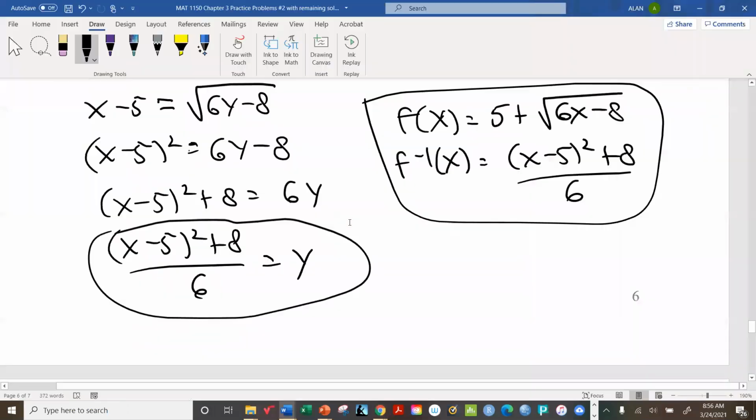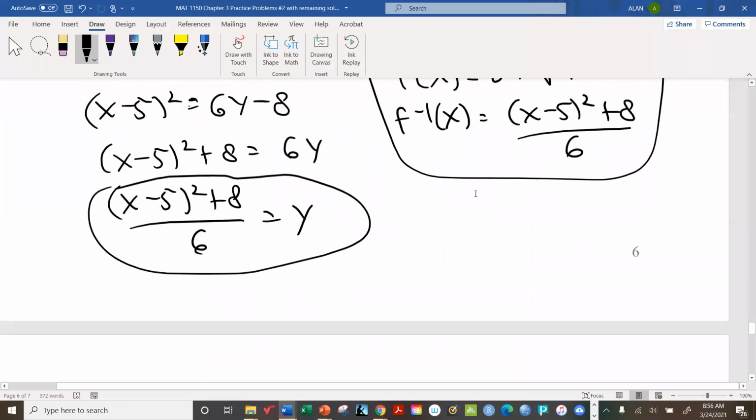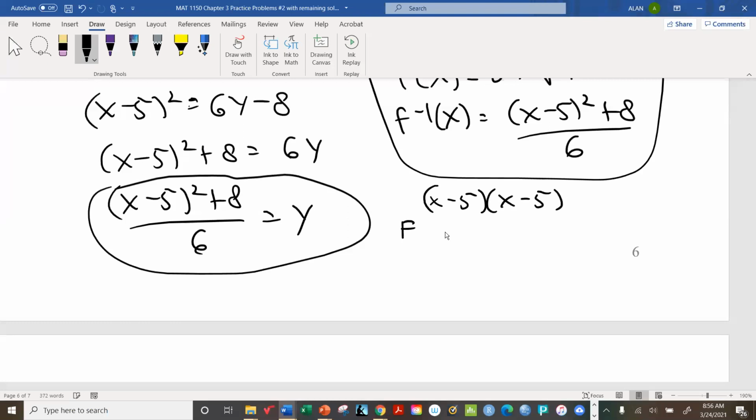Okay, so all right, so let's do this. Let's confirm that they're the same. X minus 5 squared, if you use FOIL. X squared for F. Outer is minus 5x. Inner is minus 5x.